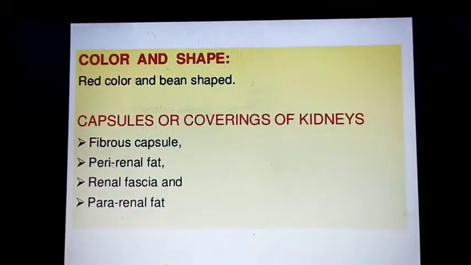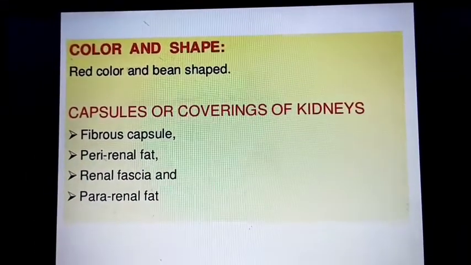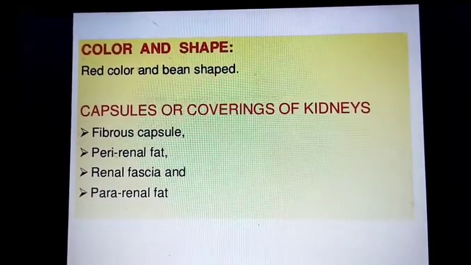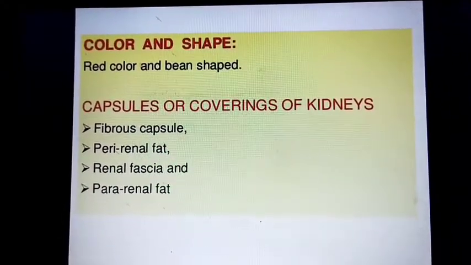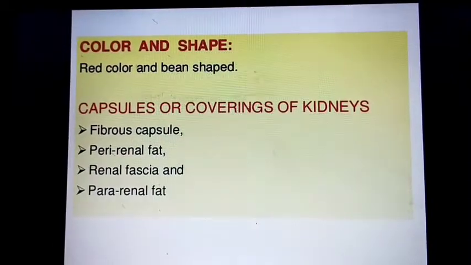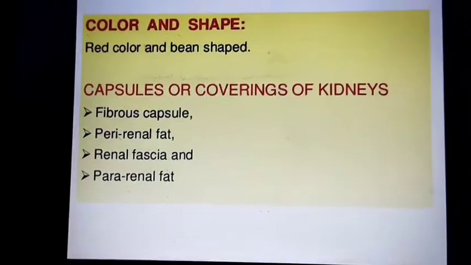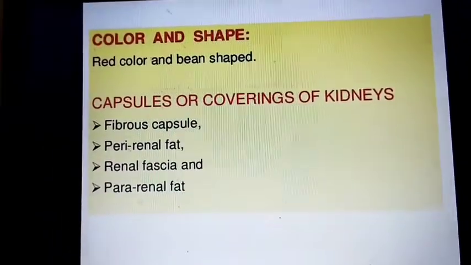Color and shape of the kidney: it is red in color and bean shaped. Capsules or coverings of the kidney: innermost is the fibrous capsule, just above that perirenal fat, renal fascia, which is also the fascia of Gerota, and pararenal fat.